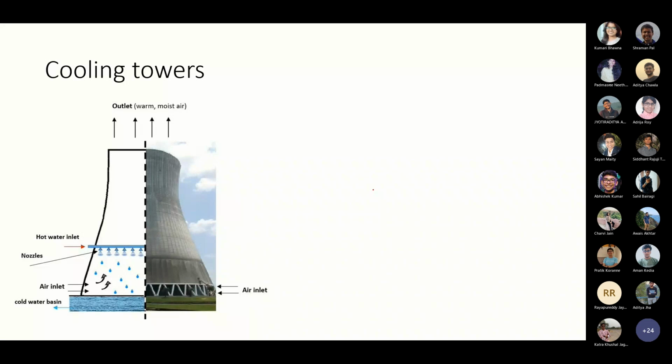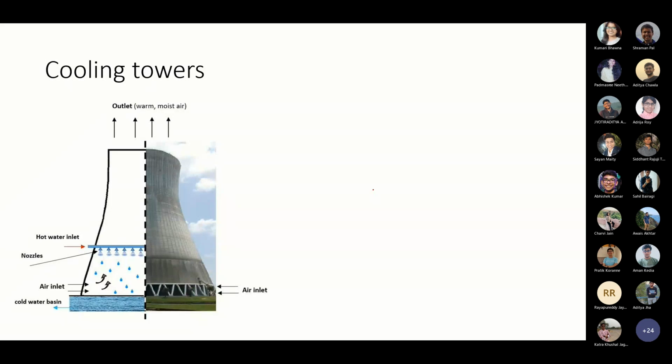Another type of unit operation is cooling towers. You might be learning this in the mass transfer course. We cannot discharge hot water into the river. Whatever processed water at the end of the usage, we need to send to the river.